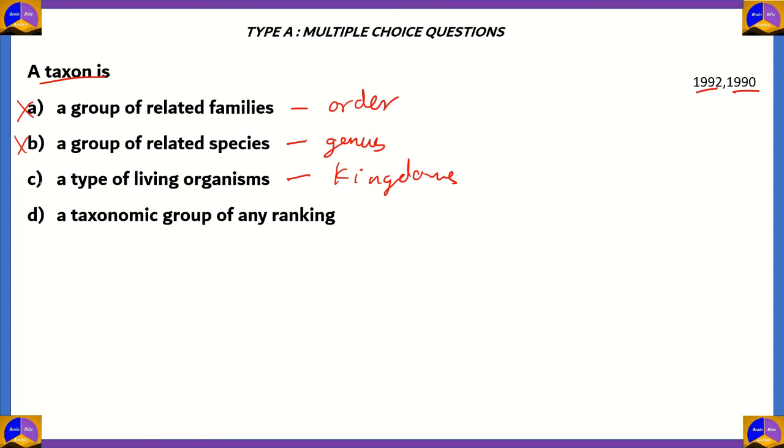That's the rationalization we have to use. So option C is incorrect. The correct answer is option D, a taxonomic group of any ranking. The thing is, a taxon, as we've said earlier, can be used for families, for orders, for genuses, for species, etc. And that's why option D is the most appropriate one for this question asked in 1992 as well as 1990.